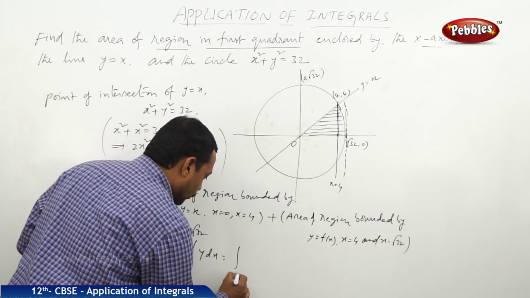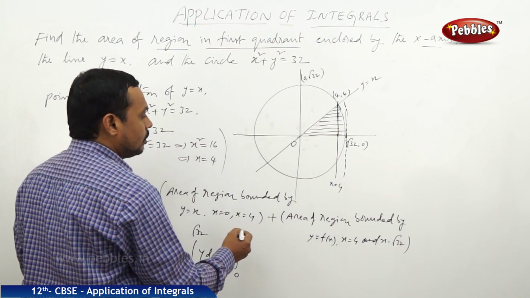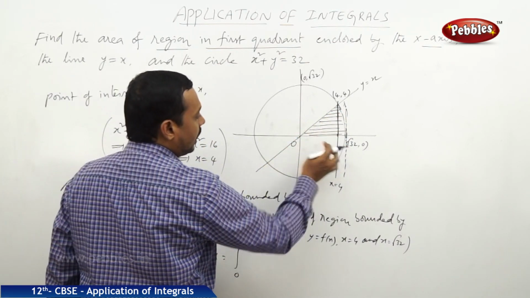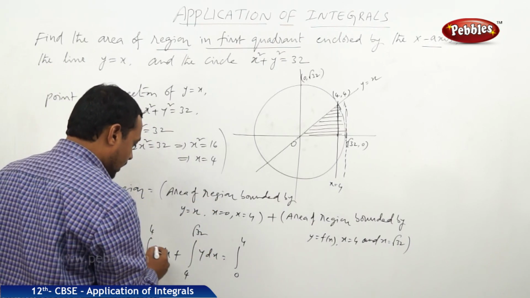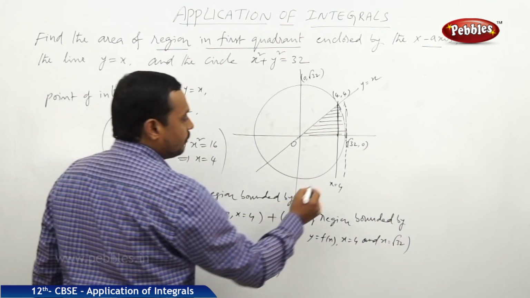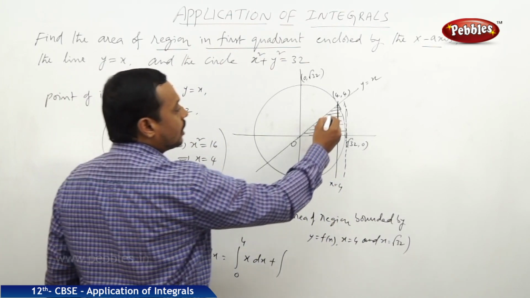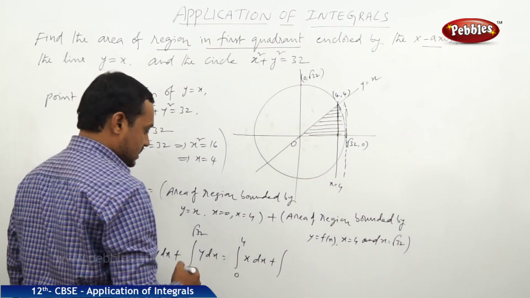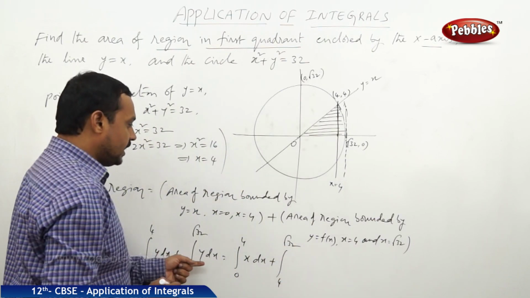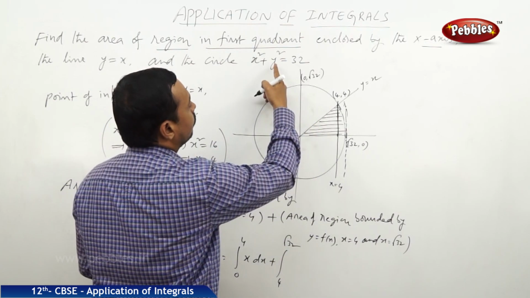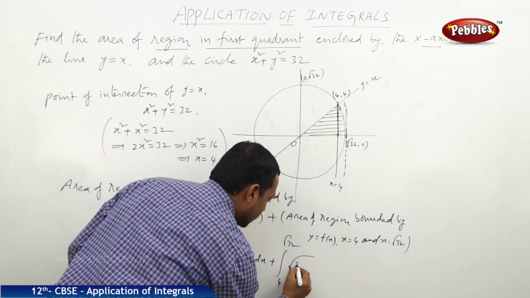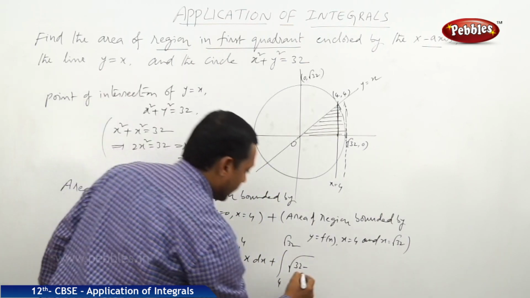Now in integral 0 to 4, the line is making area between 0 and x is equal to 4 with the x axis, so that y is equal to x. Between 4 and root 32, the curve is making area with the x axis. Therefore, it is 4 to root 32 y dx. Here y is equal to what? Y square is equal to 32 minus x square. Y is equal to root of 32 minus x square.